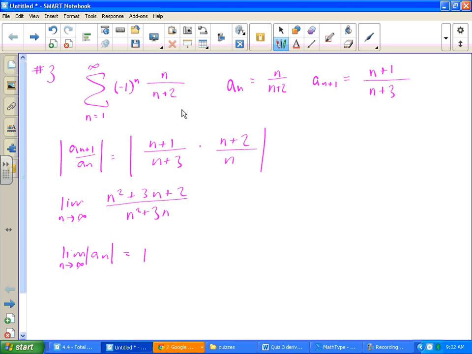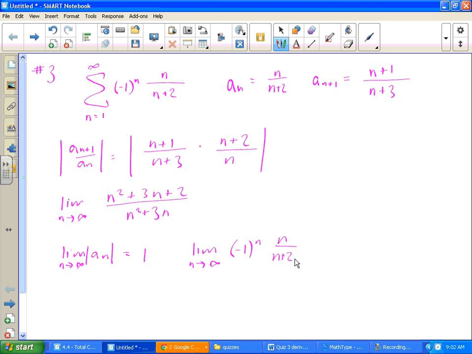Because I have just this piece here, divide everything by n, we just get 1. All right, that makes sense? So if I take the limit of that whole thing, because you can't just do absolutely divergent, so we have negative 1 to the n over n plus 2. Isn't that just going to switch from positive 1 to negative 1 to positive 1 to negative 1? So is that going to 0? No. Okay, it actually does not exist.